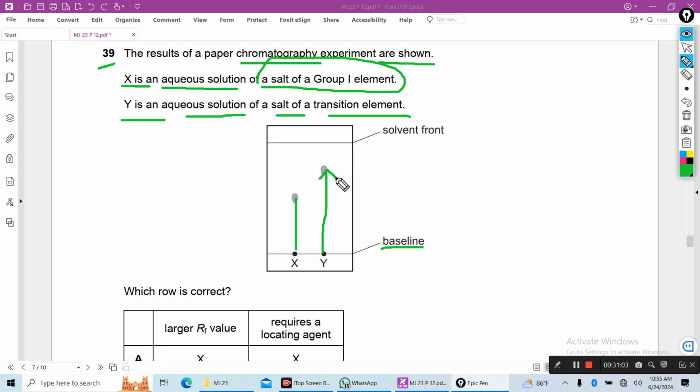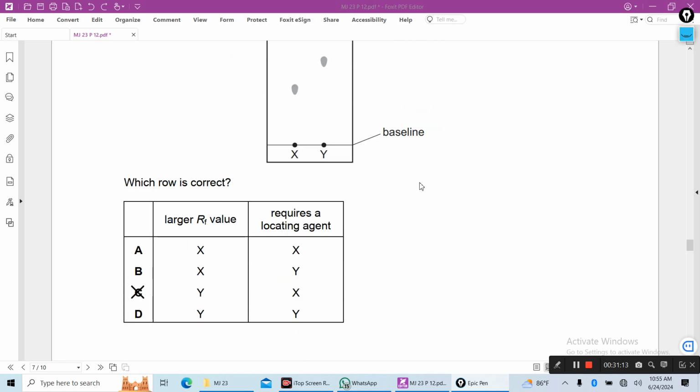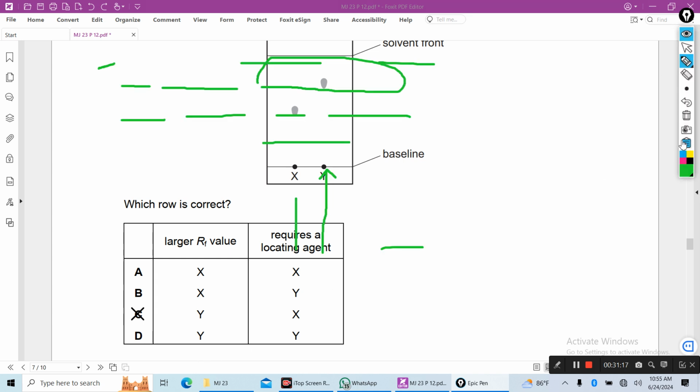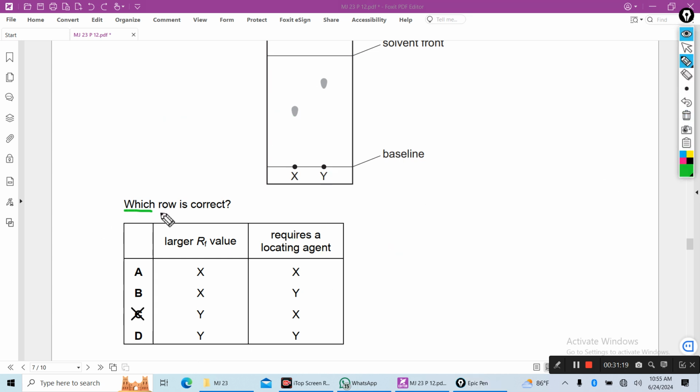Now you see from the chromatography baseline, X moves this distance, Y moves a greater distance from the baseline. So the Rf value of Y will be greater than X. This is the solvent front. You are asked which row is correct. The larger Rf value will be for Y. Why?